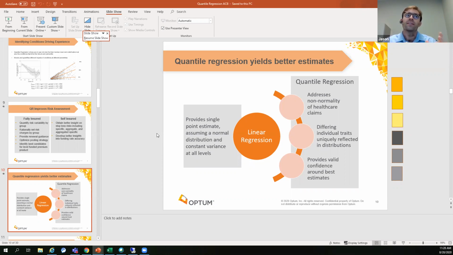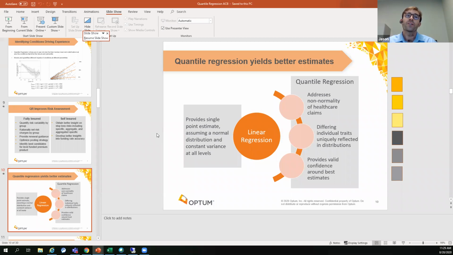You can't really tell anything about variability without assuming a normal distribution, which is wrong, and without assuming constant variance, which is also wrong for groups. So all those nice statistical theorems that we know about linear regression just are not true in a health insurance context, and it really limits the utility of estimates that come from linear regression.